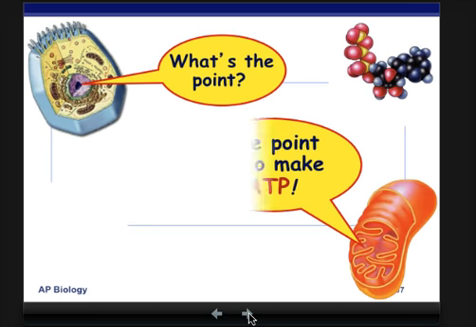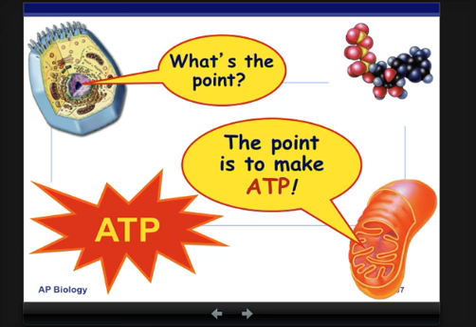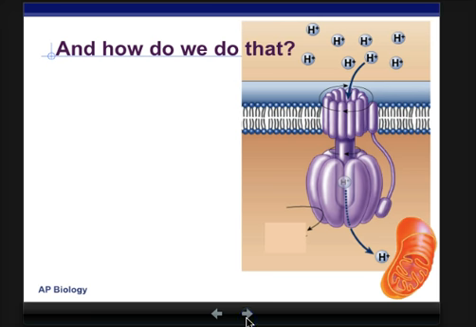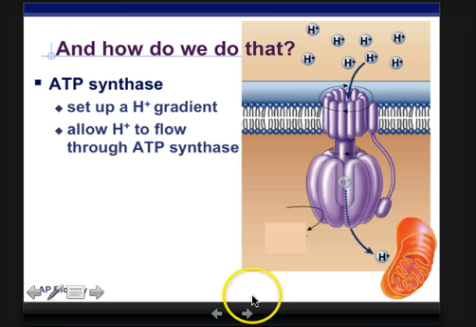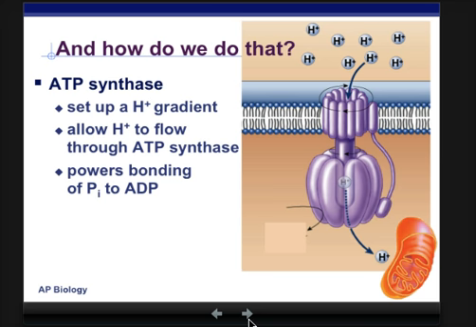Okay, what's the point? The point is to make ATP. And how do we do that? We use the ATP synthase. Set up a hydrogen ion gradient, allow the hydrogen ions to flow through, powering the bonding of phosphate to ADP so that we get ADP plus a phosphate to get ATP.